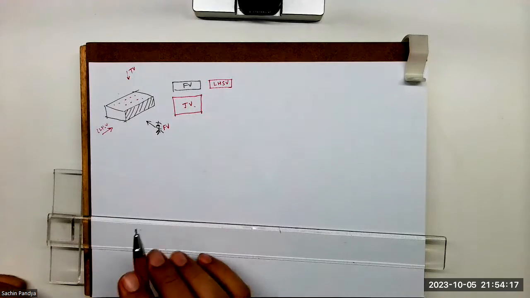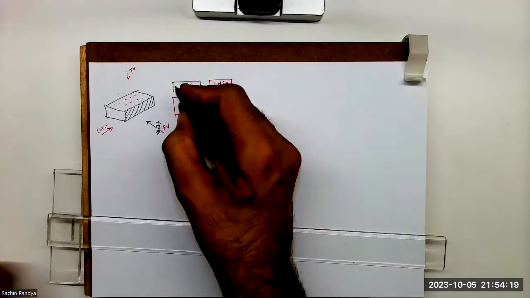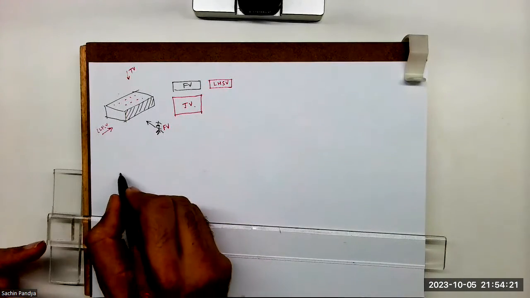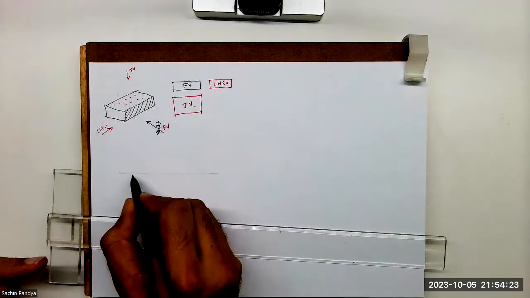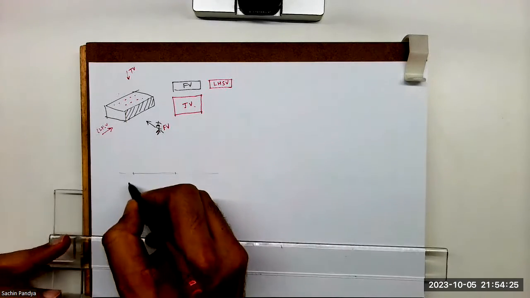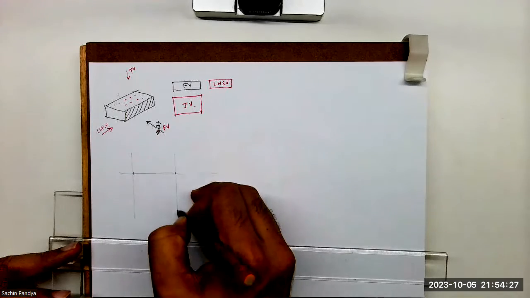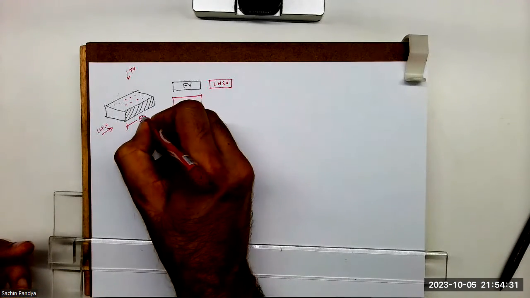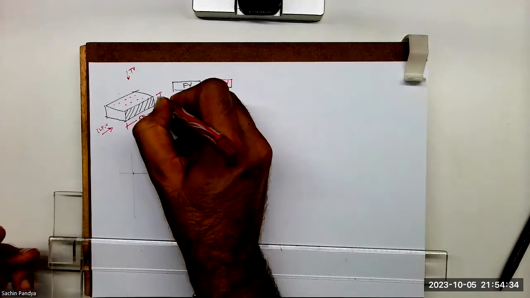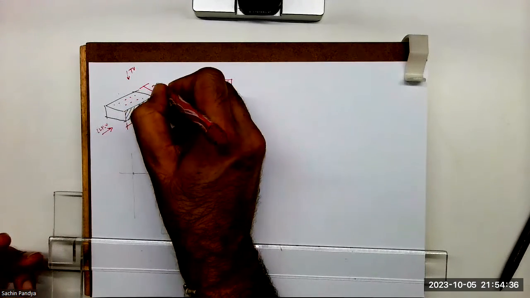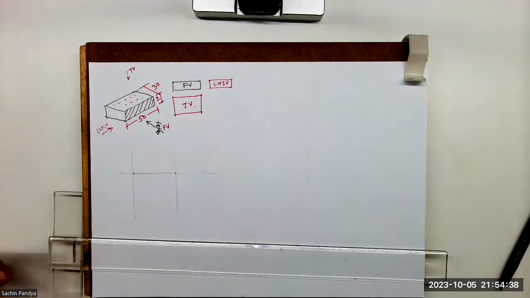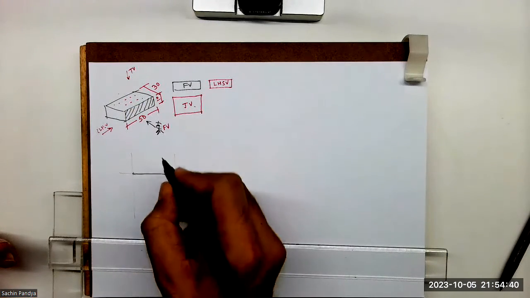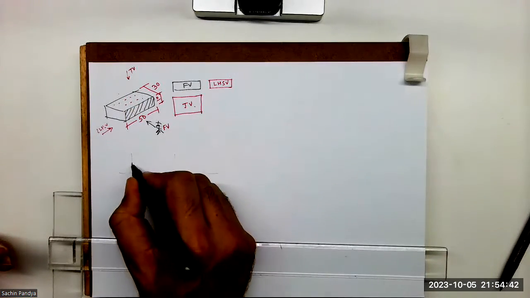We are drawing orthographic. Now remember one thing, how to go about this layout. First you draw a horizontal line, then whatever length you have, you mark that length and draw a vertical line. Let's take length 50, height 10, and width 30. So I will take length 50, height 10.